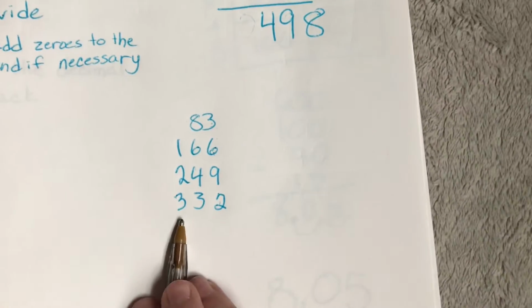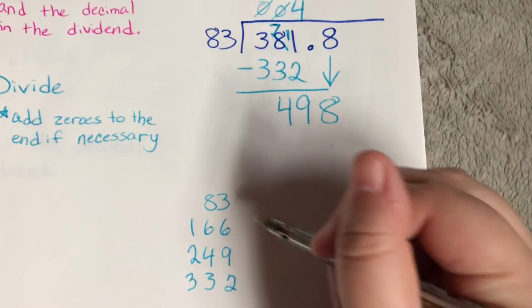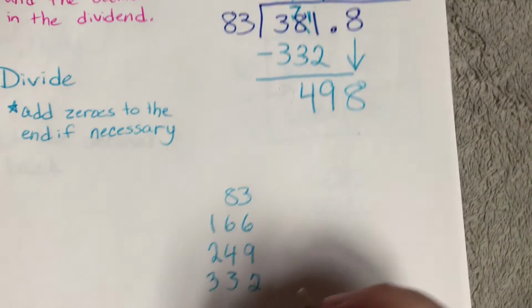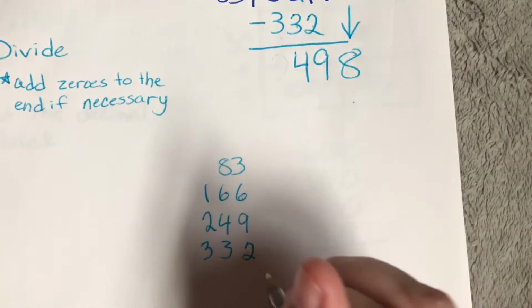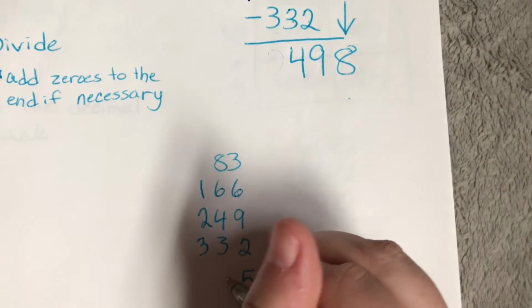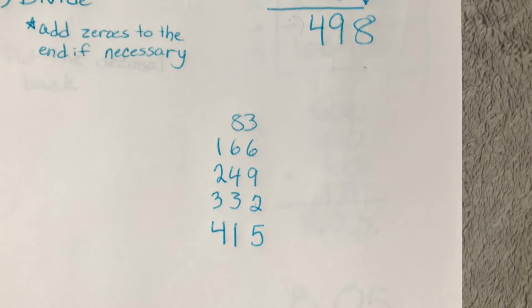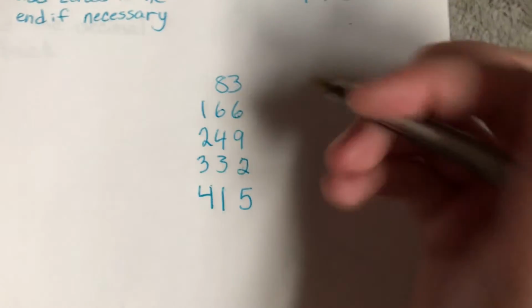All right, I need to see if I can go further. So I'm going to do the next multiple, which is 3 plus 2 is 5, 415. Let's add another 83 to that.